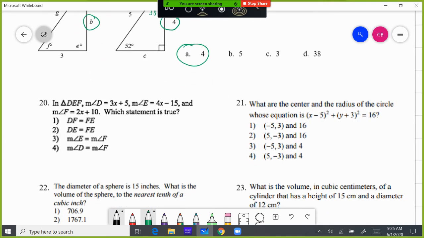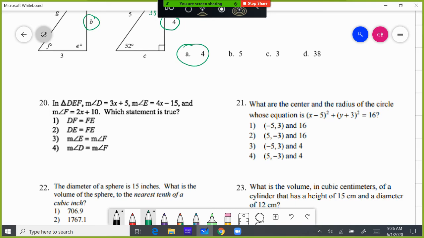Okay, 20. In triangle DEF, D is 3x plus 5, E is 4x minus 15, F is 2x plus 10. Which statement is true? Before we get into the measurements, we should definitely solve for x first.